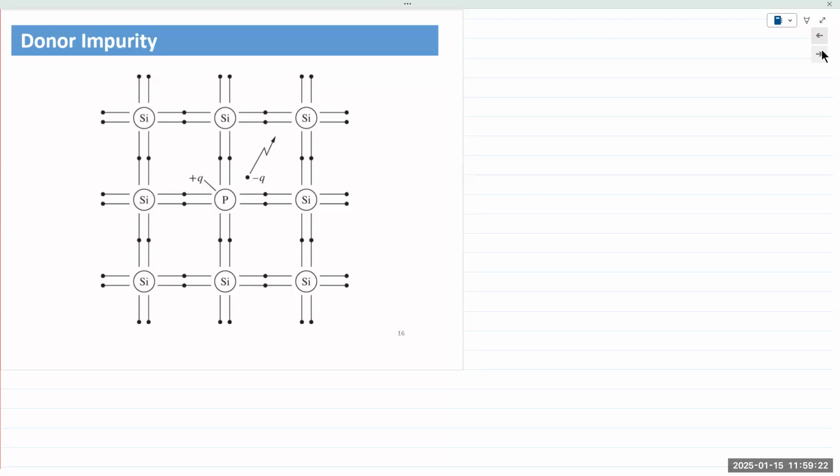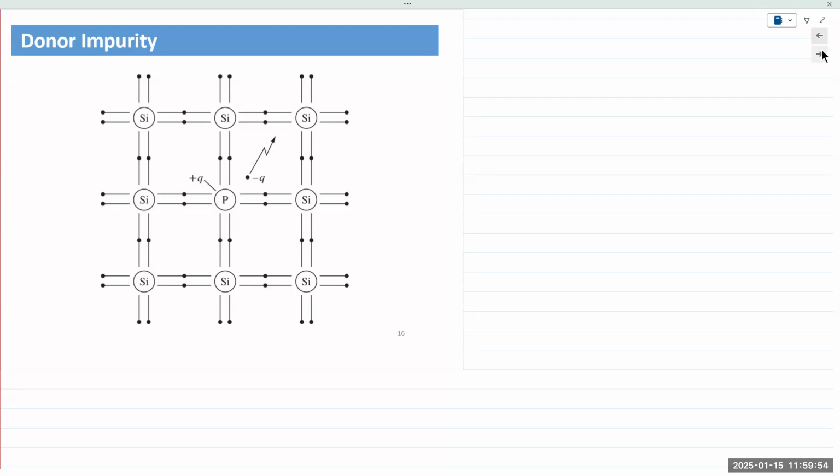The overall charge in that material is going to be neutral because that extra electron that is free to move around is balanced by the positive proton that is bound in the nucleus. That positive charge remains in place because it's inside the nucleus of the atom, but the electron is free to move around and conduct electricity. So overall, it's electrically neutral, but we still say it's negatively charged because there are lots of free electrons to move around.